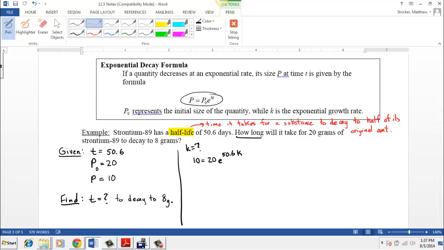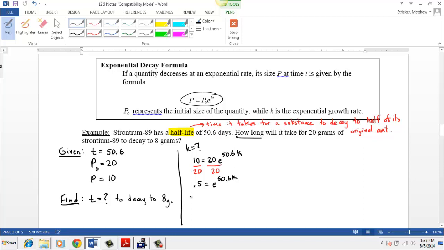So we go through the same process. You're probably getting tired of seeing this by now, but you should be getting really good at doing it. 10 divided by 20 is of course 1/2, or we can write it down as 0.5 equals e to the 50.6k.